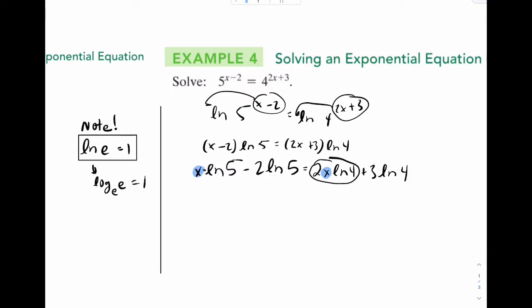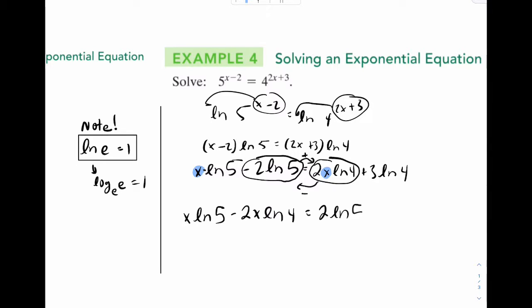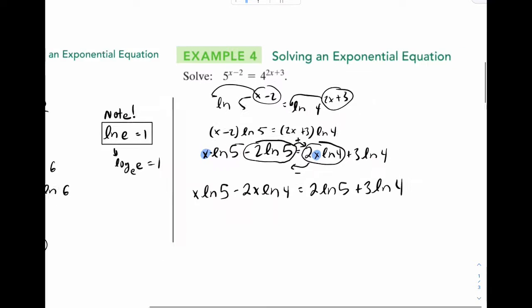So I'm going to want to subtract that to the left. And I want to add this to the right. So I get x natural log 5 minus 2x natural log 4. That's equal to 2 natural log 5 plus 3 natural log 4.